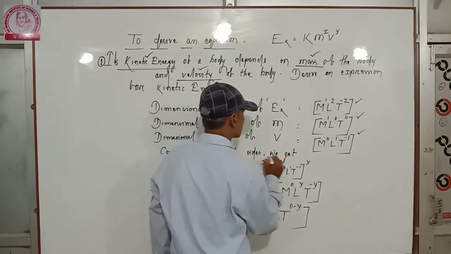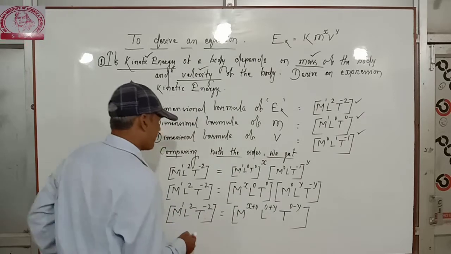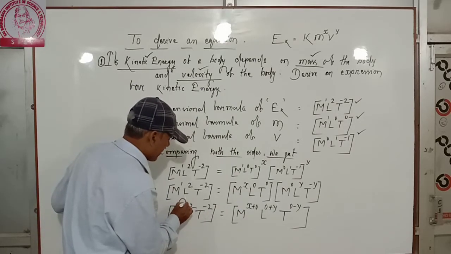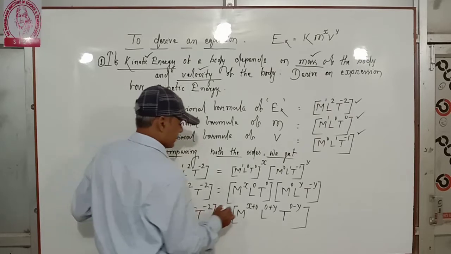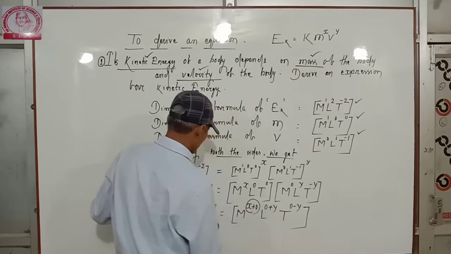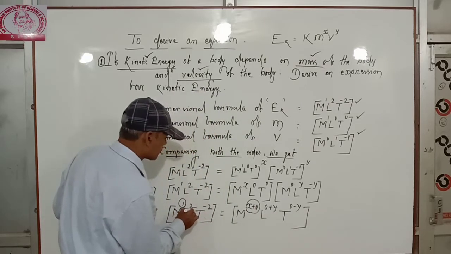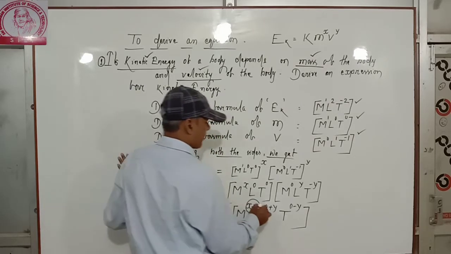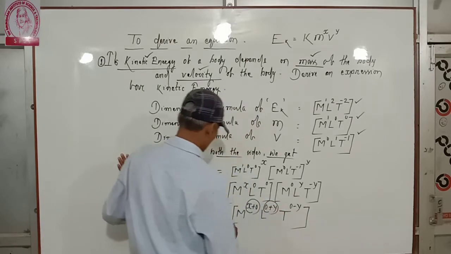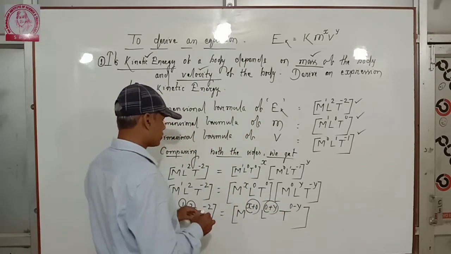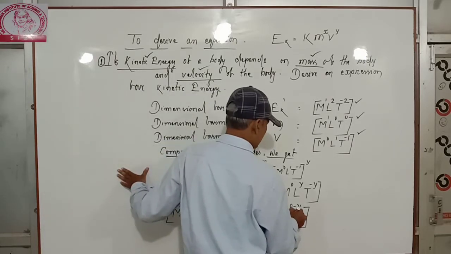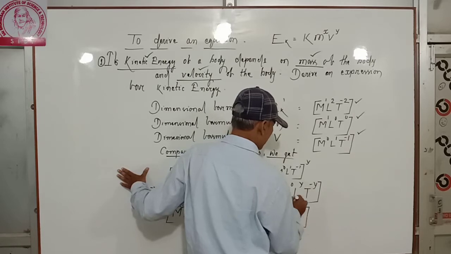Comparing both the sides, now we have to compare. Here the power of m is 1, here the power of m is x plus 0 means x, here the power of l is 2, here the power of l is 0 plus y means y, here the power of t is minus 2, here the power of t is 0 minus y means minus y only.